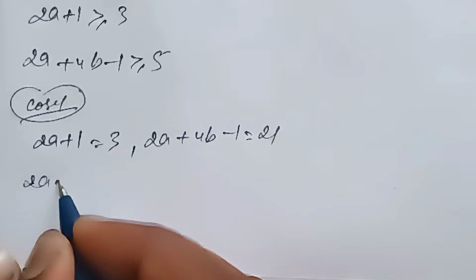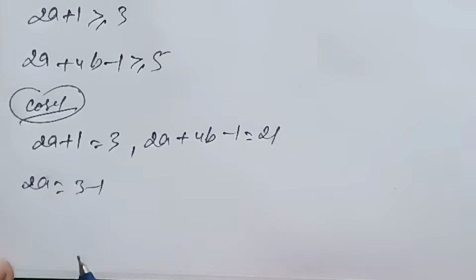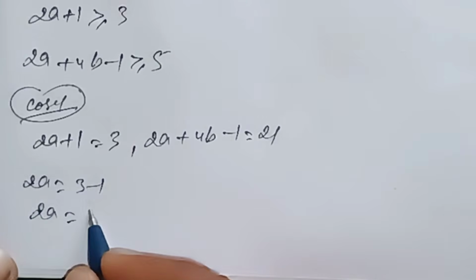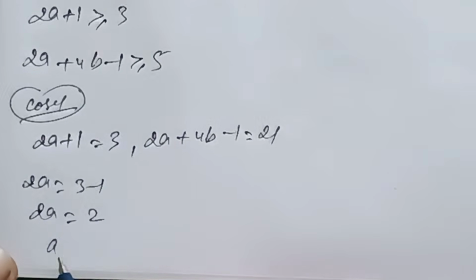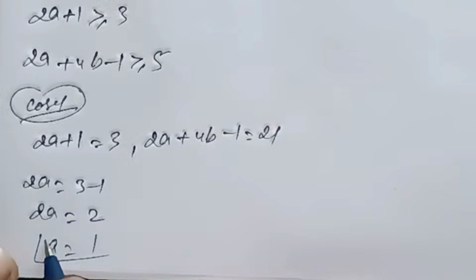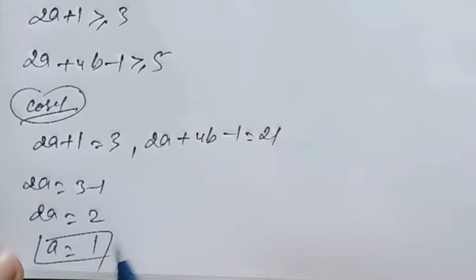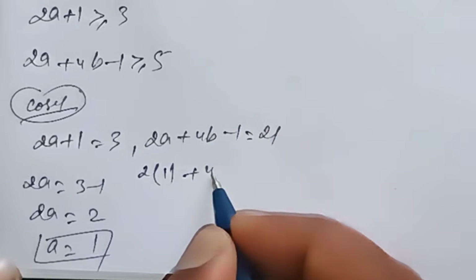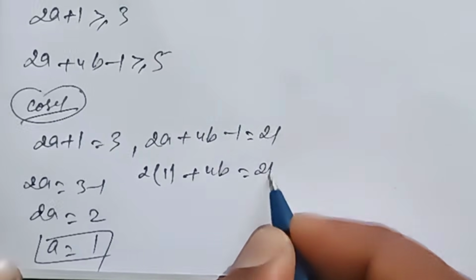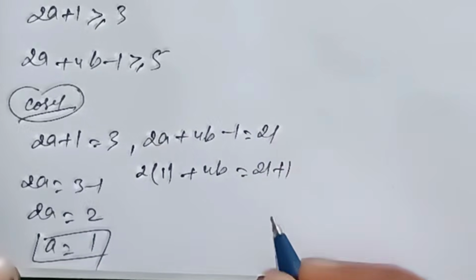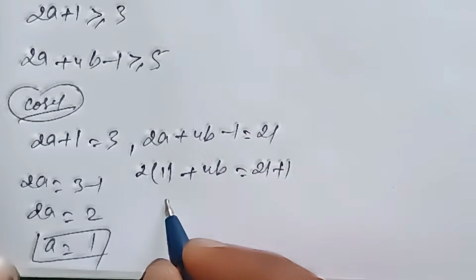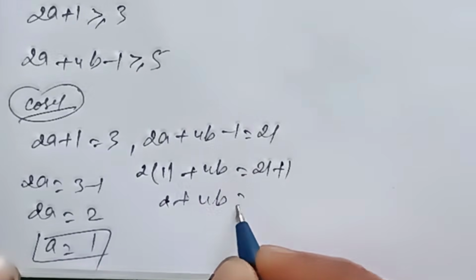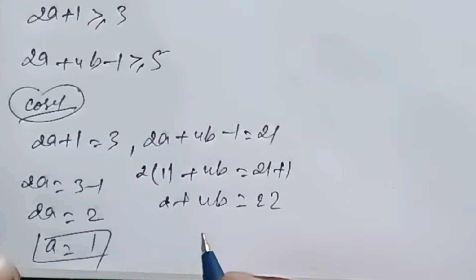Here 2a is equal to 3 minus 1, 2a is equal to 2. Therefore a is equal to 1. Here a value is 1, so put that a value in this place. 2 into 1 plus 4b is equal to 21 plus 1. Therefore 2 plus 4b is equal to 22.